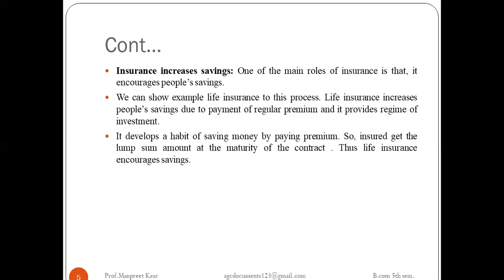According to the next point, that is, increase in insurance savings. One of the main roles of insurance is that it encourages people's savings. We also know that life insurance is a process. If we take an example, an insurance company provides life insurance.